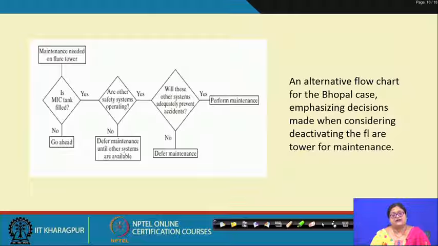Have we taken enough measures? Have we done our duty properly to see whether these things are working, or have we assumed they are working and gone ahead with the maintenance?